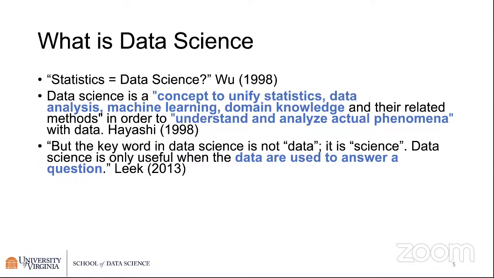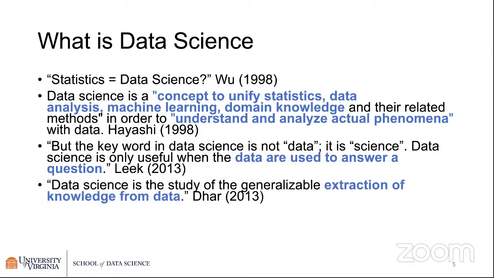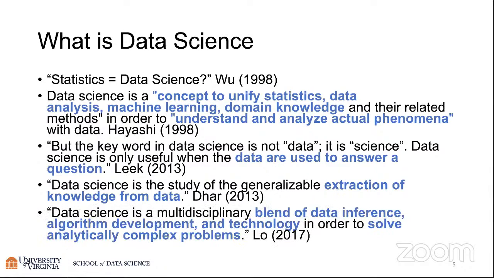Data science is only useful when the data are used to answer a question. And then we have Dhar, who wrote that data science is a study of the generalizable extraction of knowledge from data. And Lowe, who said data science is a multidisciplinary blend of data inference, algorithm development, and technology in order to solve analytically complex problems.